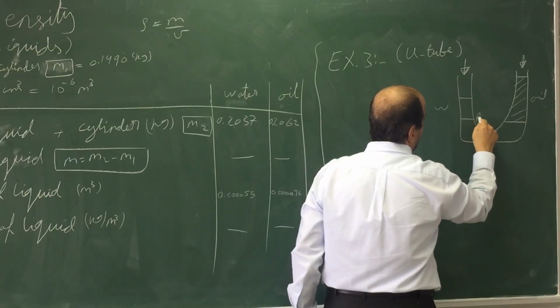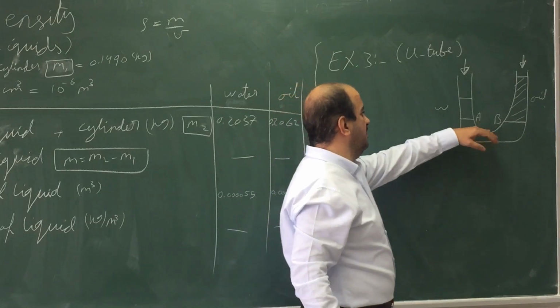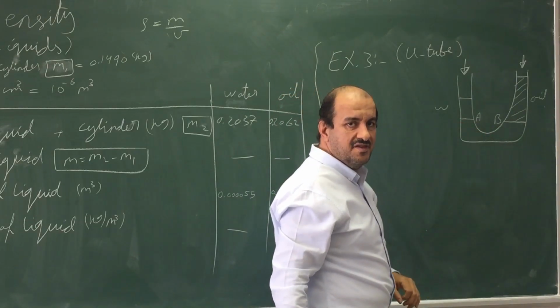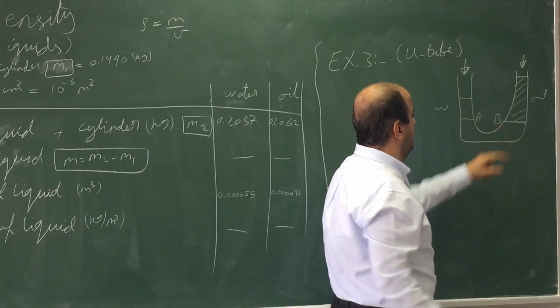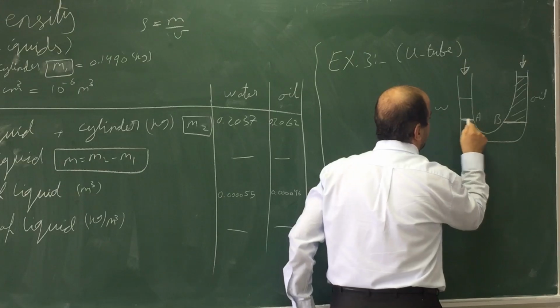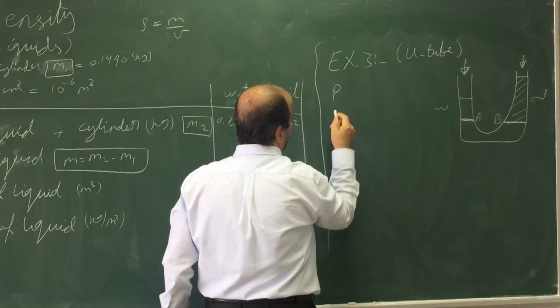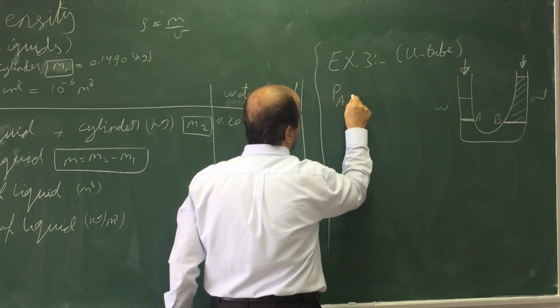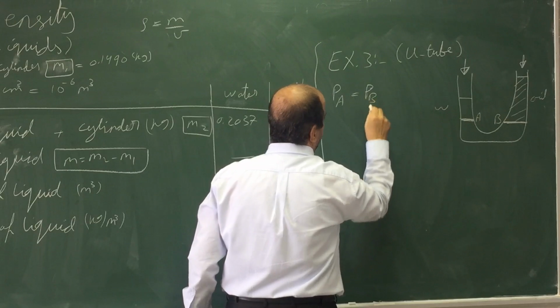Let me call these points A and these points B. According to Pascal's principle, any points at the same height will have the same pressure. That means the pressure at point B equals the pressure at point A.